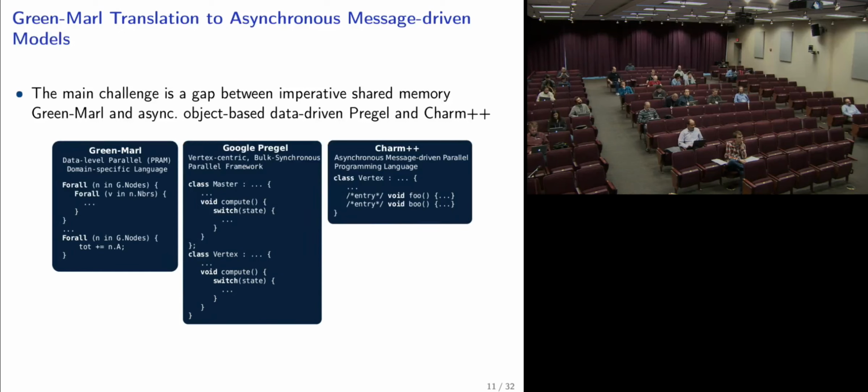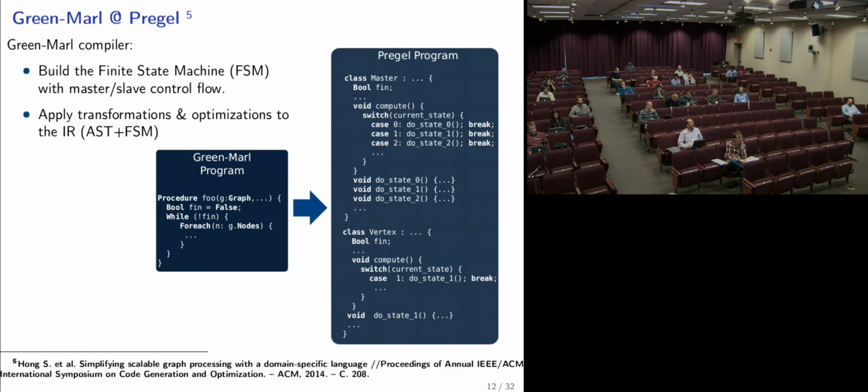So this is challenging, but this particular scientific task has been solved by the Green-Marl developers when they developed backends for Pregel. Actually, Pregel has a model very close to Charm++. It also works with objects, but it has a bulk synchronous parallel execution model, so it's a significant difference.